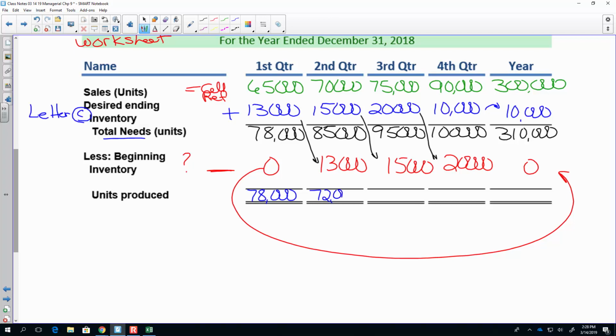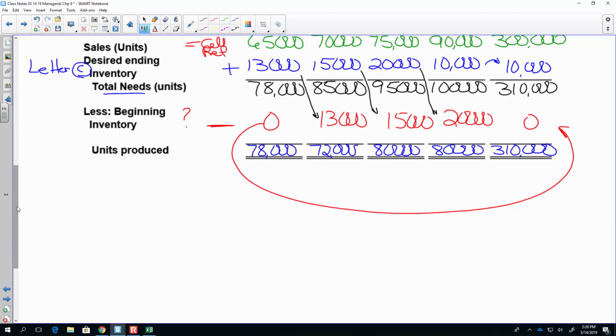Let me know if I subtract wrong here, guys. That's it. Here too, look at where the underlines are.